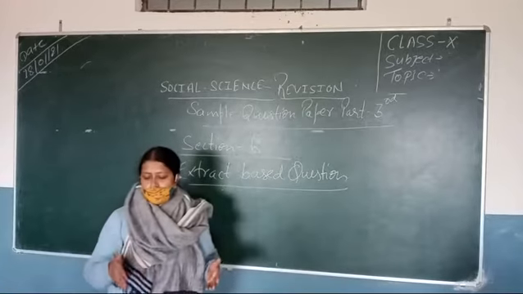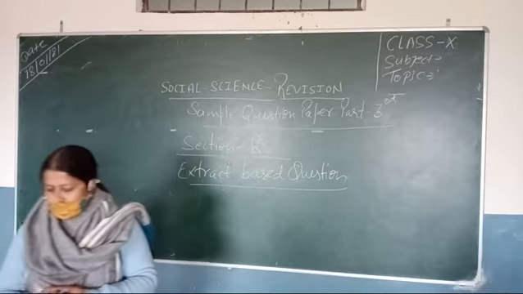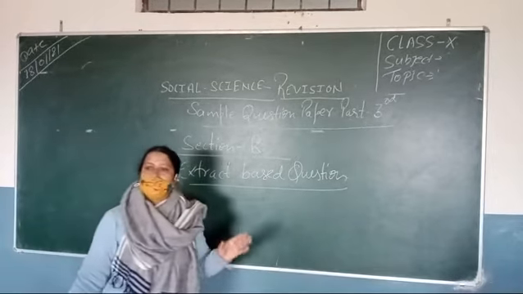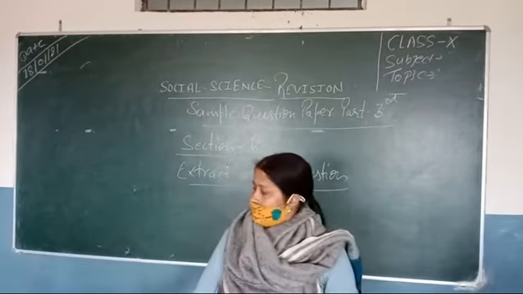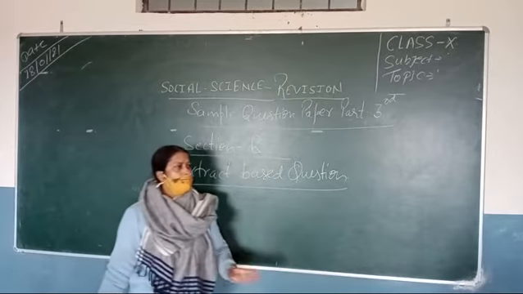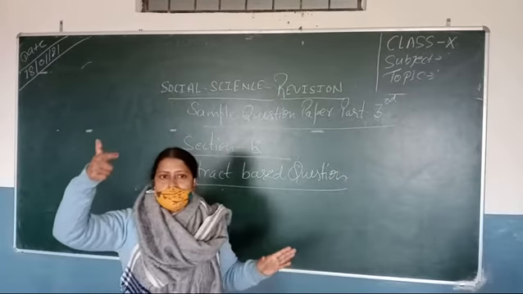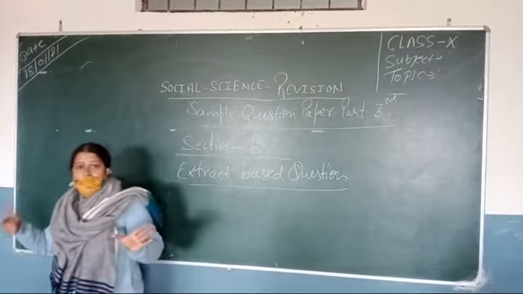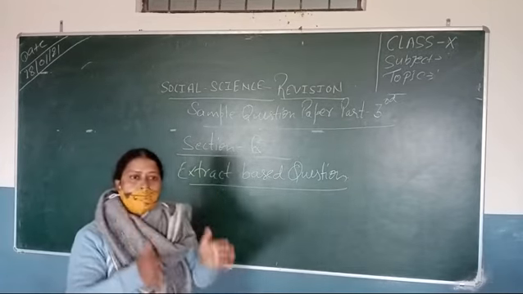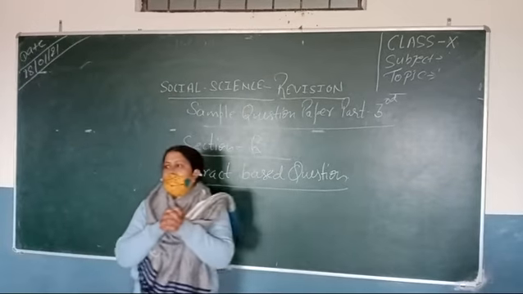So the role of the Justice Party in boycotting the council election is that they were not ready to participate in the elections. They wanted their separate electorate, a word that has come in this chapter, where their seats should be reserved to take part in politics. In this manner, they boycotted the council election.